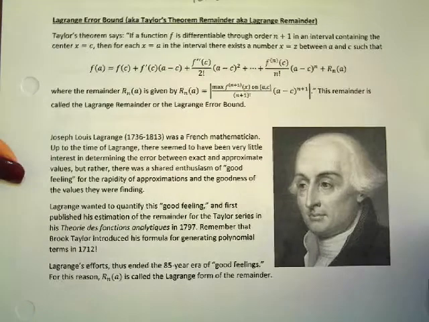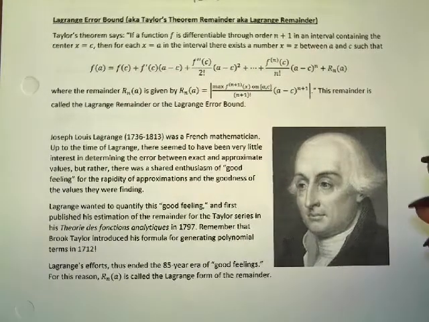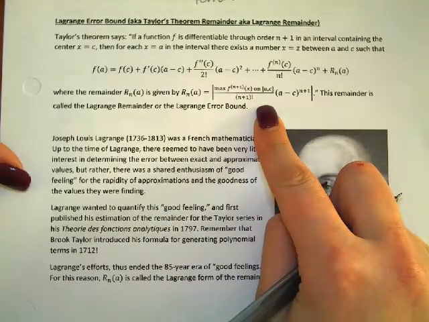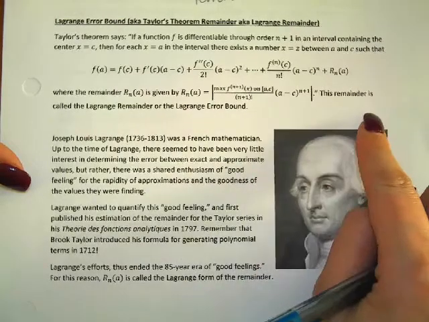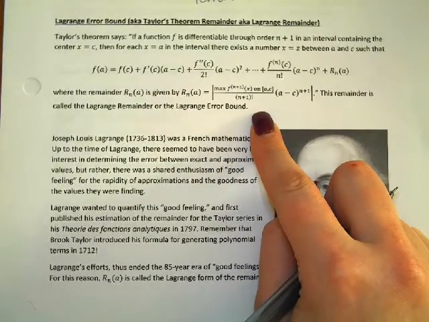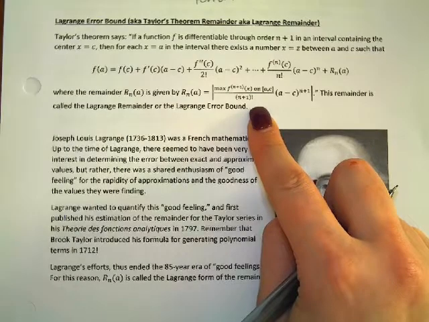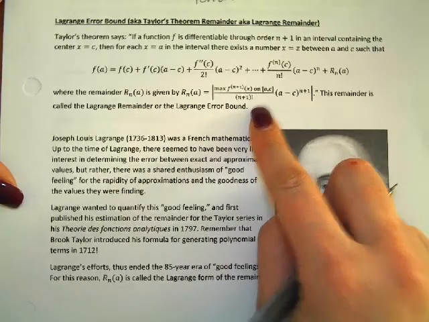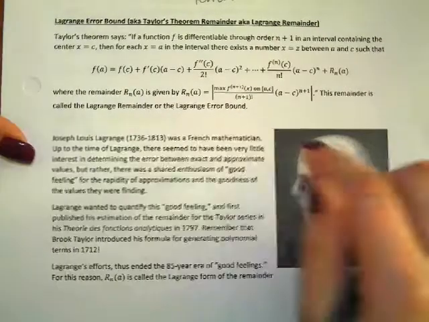So when we look for the Lagrange error, we're going to do just like alternating series, where we look at the next term. So if we have a 5th degree polynomial, then we're going to look for the 6th. Not term, but like the next degree up, I guess.